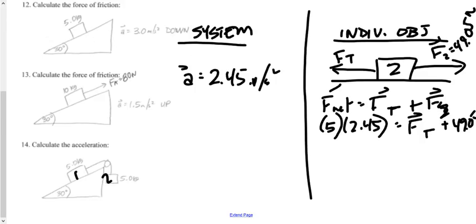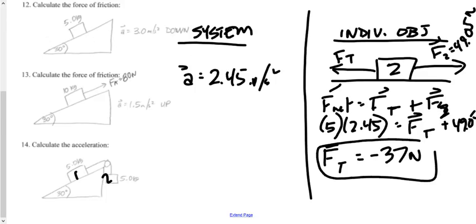I think it works out to be 37, I want to say, 37? You got 37? Okay, you got 37, and you did it the other way, right? Using F parallel. Although I'm going to get negative 37 newtons. You would have gotten positive 37 newtons, right? Okay, so that shows us that, look, 37 is the correct answer.